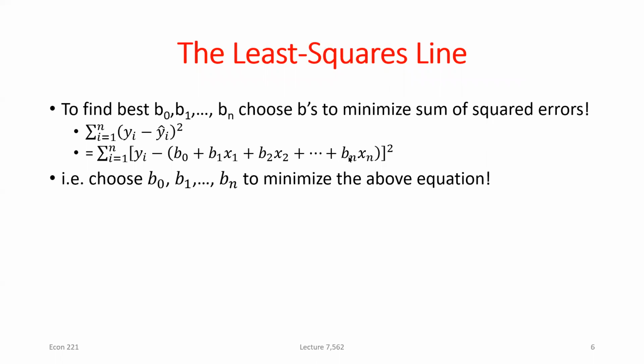So I now have n different coefficients I need to find the value of. Before, we said we would take a derivative with respect to both a and b, the intercept and that slope coefficient. We then had two equations, two unknowns we could solve. Now I'm going to have n plus 1 equations, n plus 1 unknowns, plus the intercept. I can still solve for it.